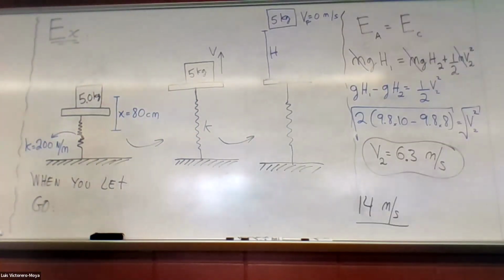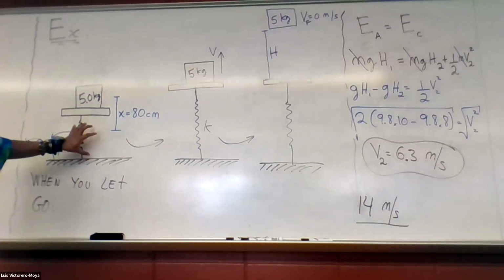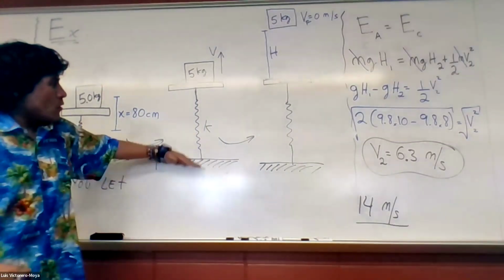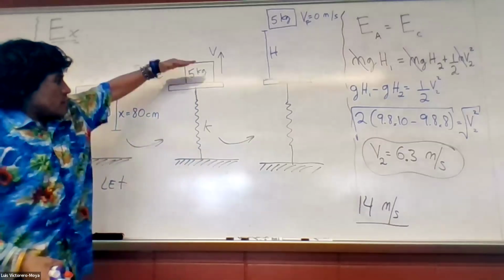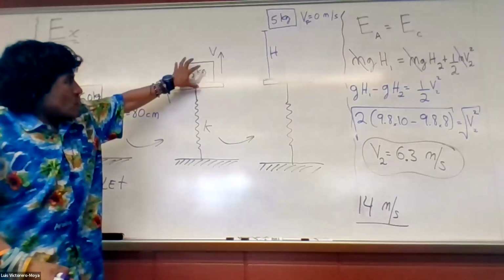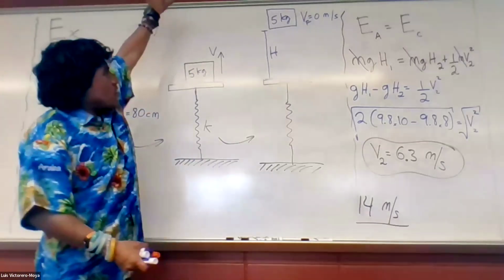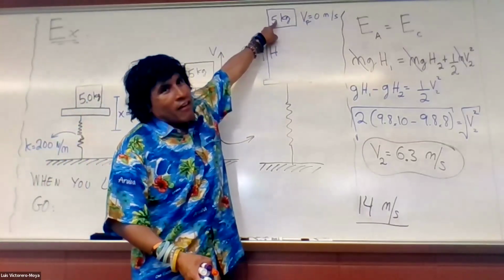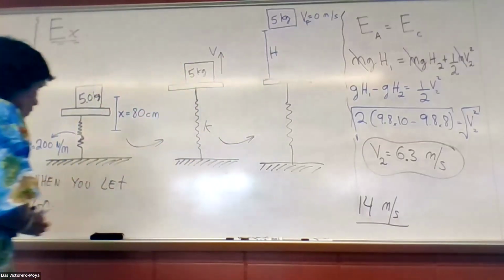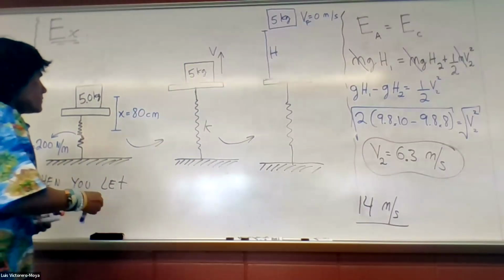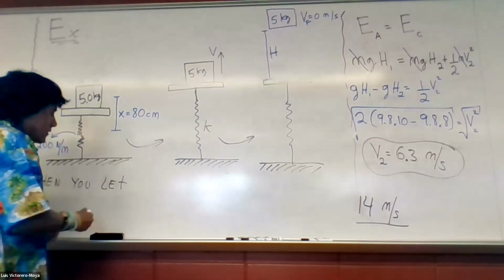All right. You place a mass, you let it go, the spring stretches, the mass gains some speed, the mass leaves, and then it stops there. So you're gonna find two things.